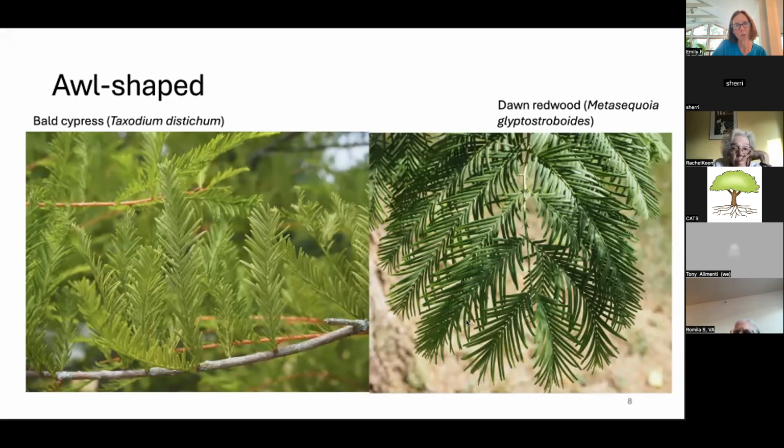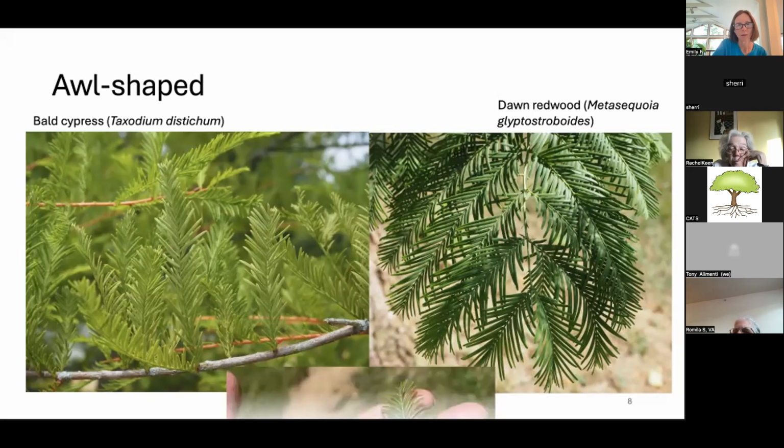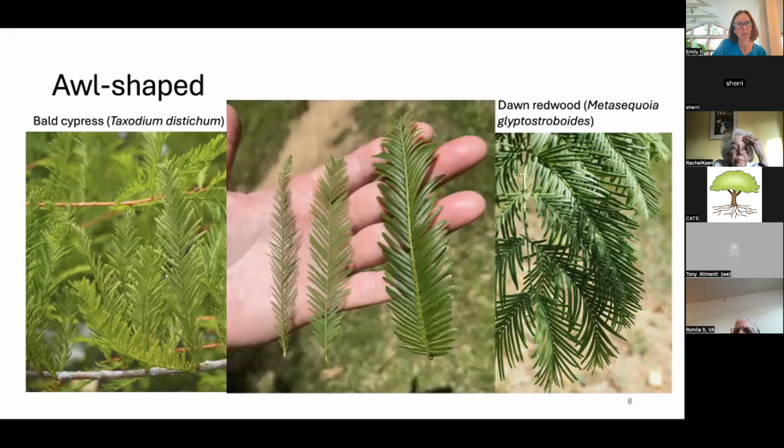And this is the Dawn redwood, and one that often gets confused with it. The Dawn redwood is always opposite branching. And you can see the opposites here down on the twigs. But even these needles, or these awls, are opposite one another. And just to make this even easier, here they are on someone's hand, and I took a picture.